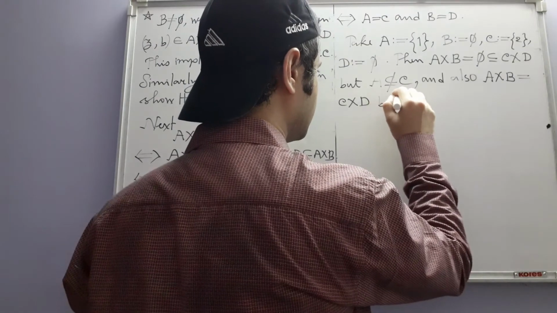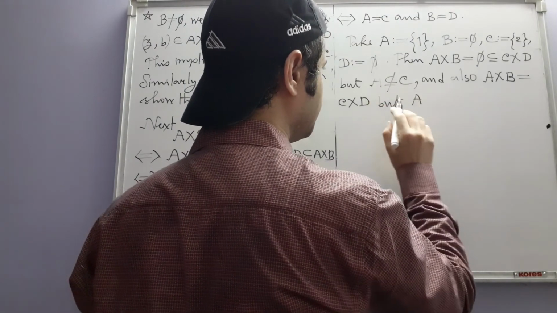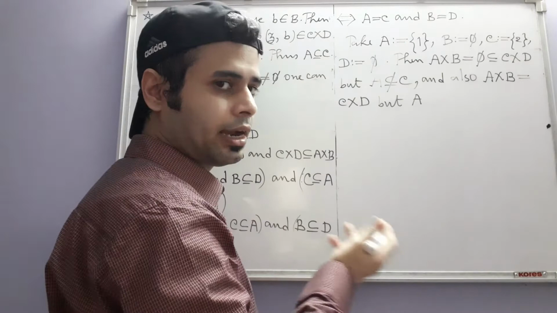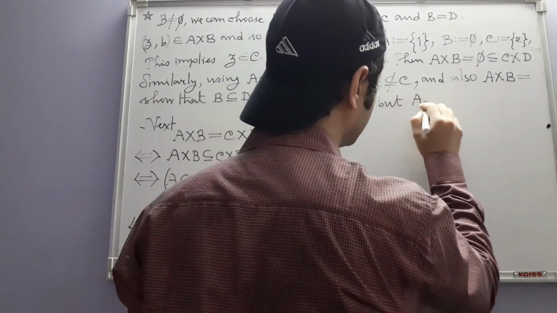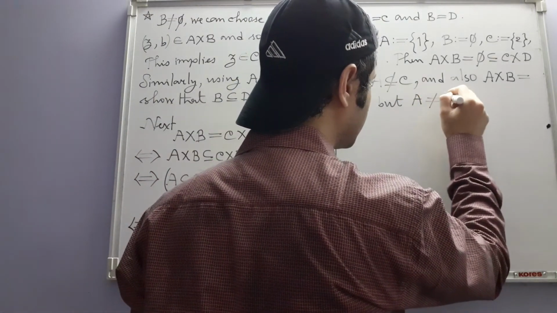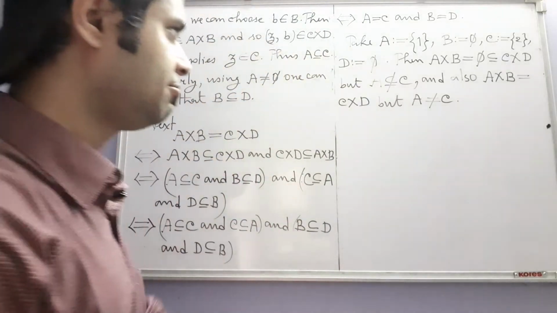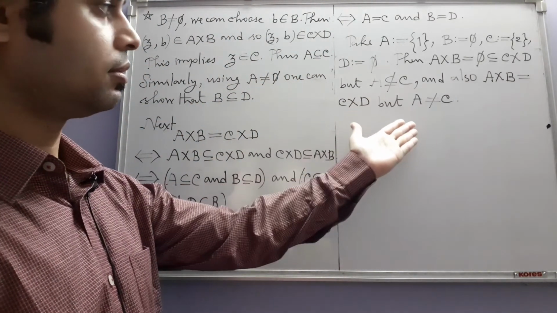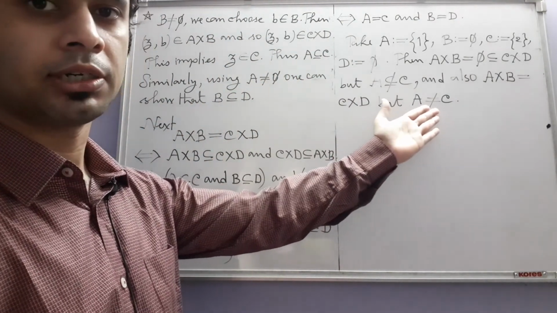But A is not equal to C, because we have not changed A and C, so this continues to be true. If A is not a subset of C, then definitely A is also not equal to C.